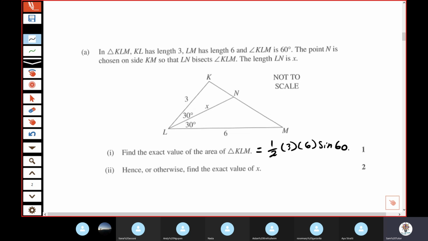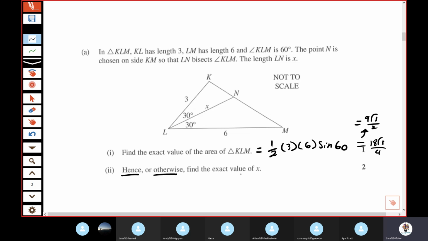And then, of course, simplify it. So the answer is, 6 times 3 is 18, 18 root 3 on 4, which becomes 9 root 3 on 2. Any questions?